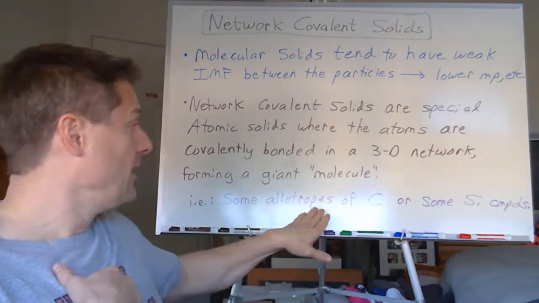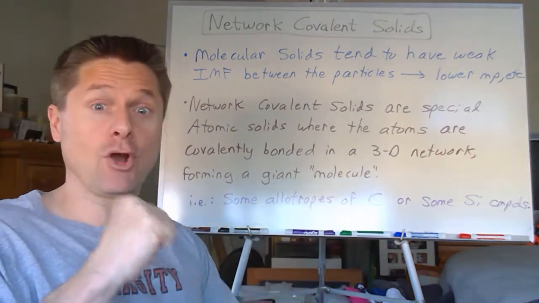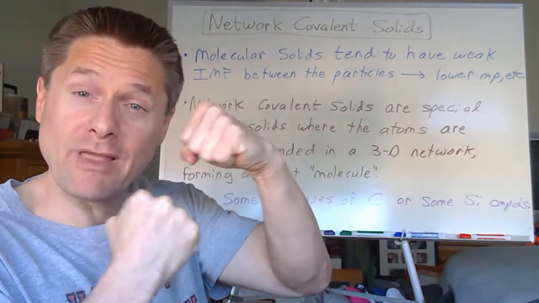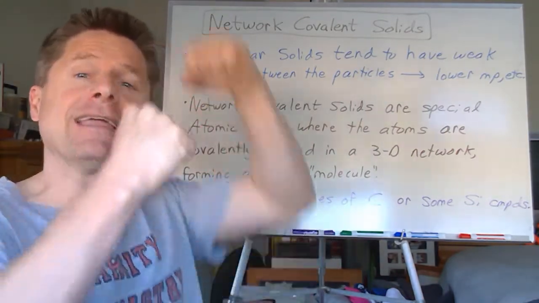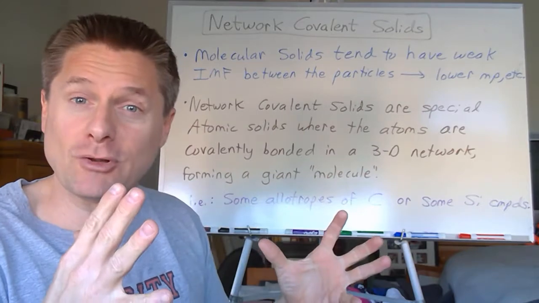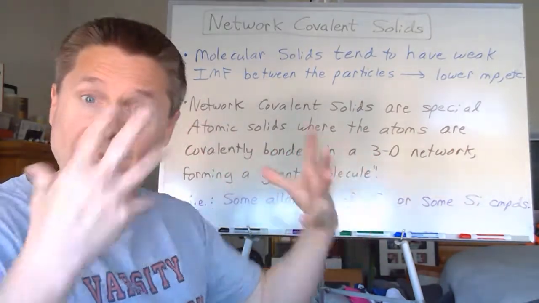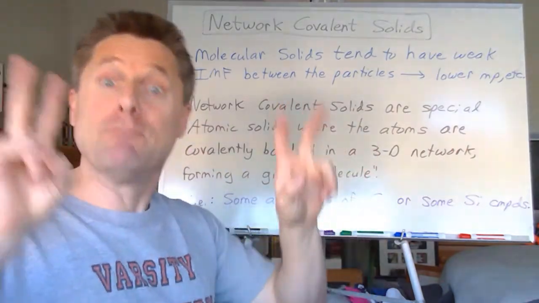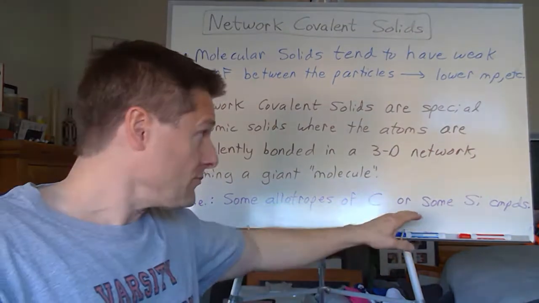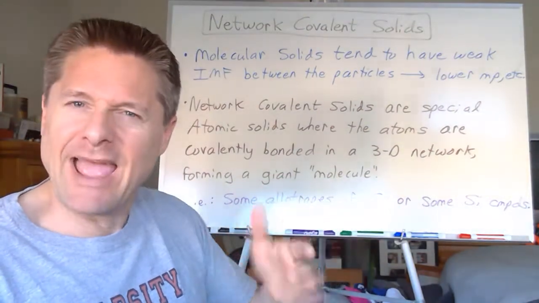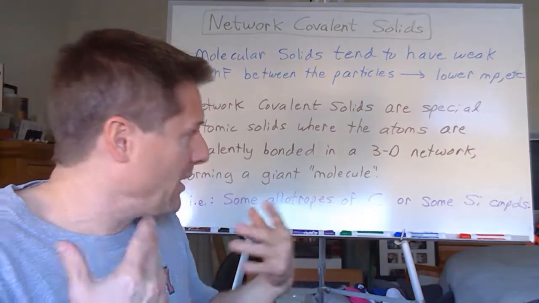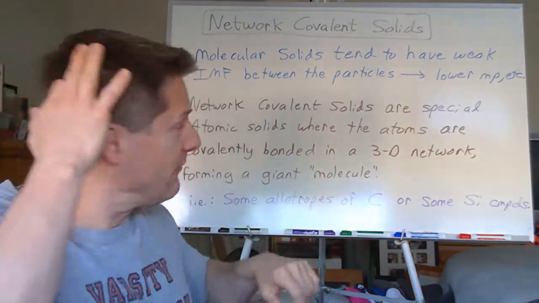Some of them function as network covalent solids, where the carbon atoms are connected with strong covalent bonds by sharing electrons, and that continues over a three-dimensional lattice, essentially forming a gigantic molecule. Graphite is obviously slightly different, but in a similar fashion we can call it a network covalent solid.